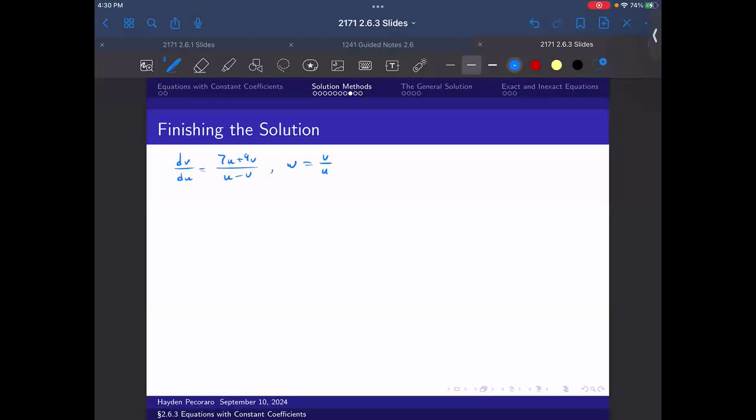That gives us v equals uw, and dv du equals, remind me what this one should be. If v was a y and u was an x, what would you write?